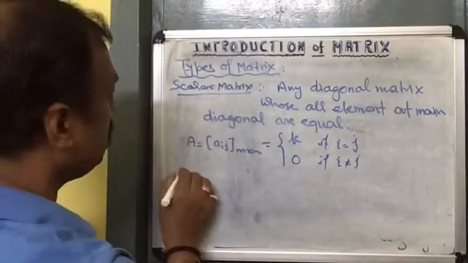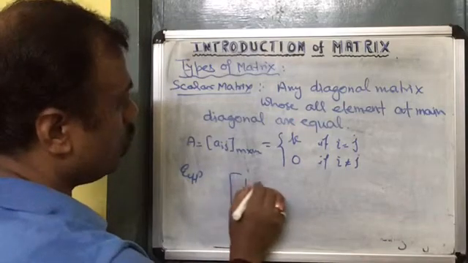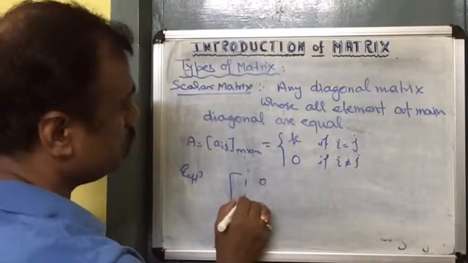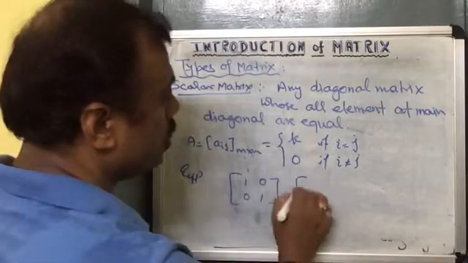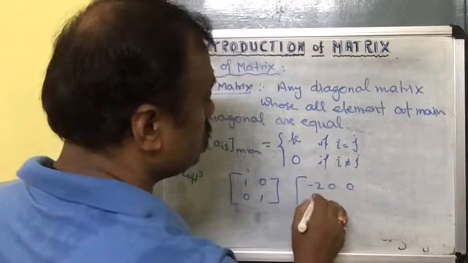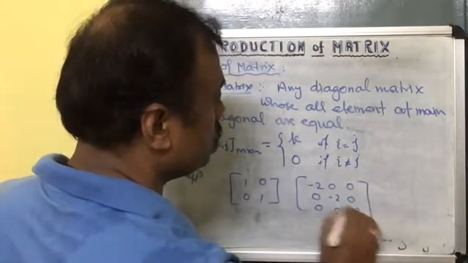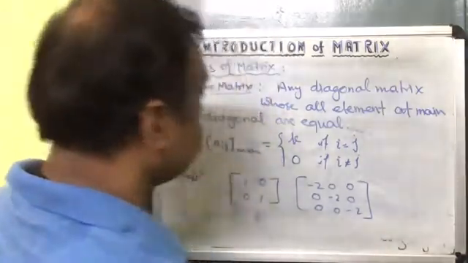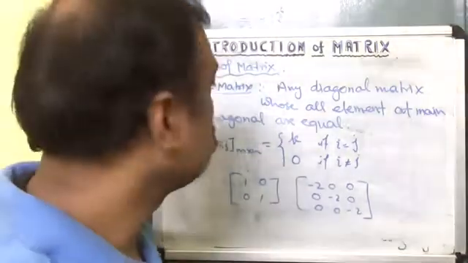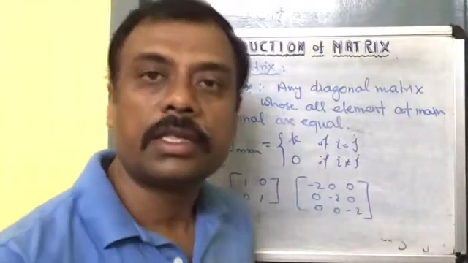For example, you can have 1 0 0 1, or you can have -2 0 0, 0 -2 0, 0 0 -2. So these are some examples of scalar matrix. Now let us go for another type of matrix.